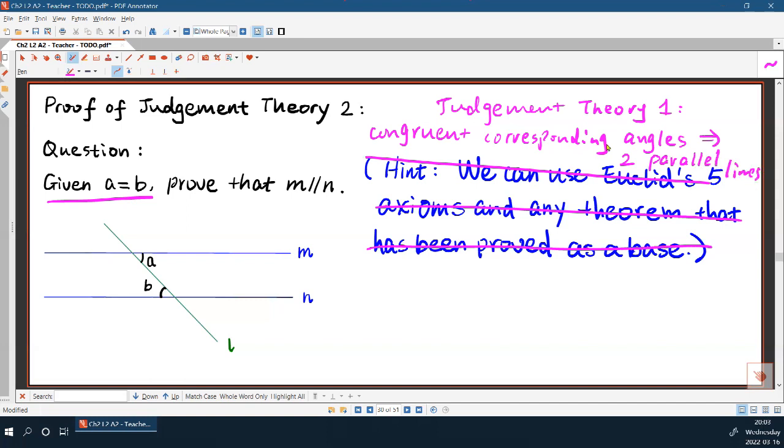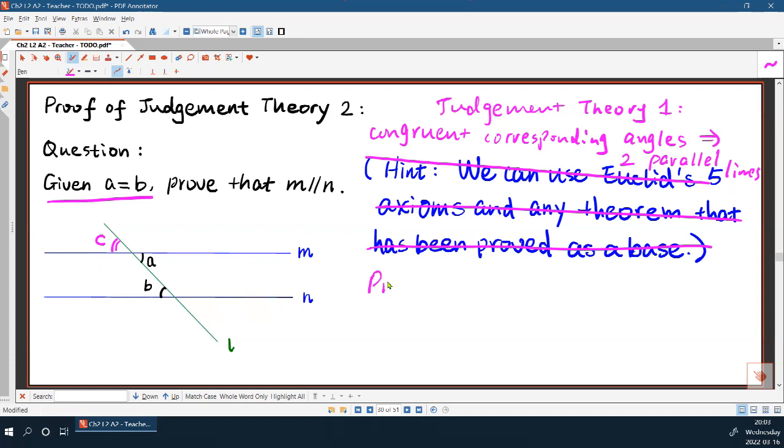So this is basically what Judgment Theory 1 tells us. So are there any congruent corresponding angles in this graph? Can you find any corresponding angles? For example, let's call this angle here C. Are B and C corresponding angles? Yes. Of course they are, right?